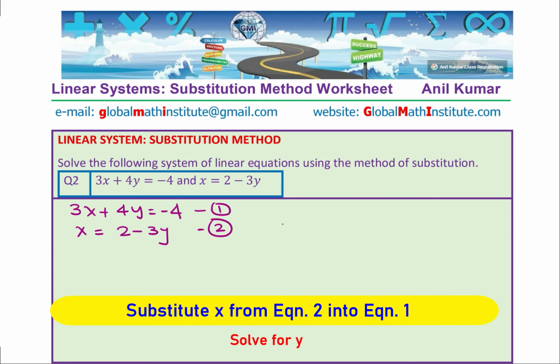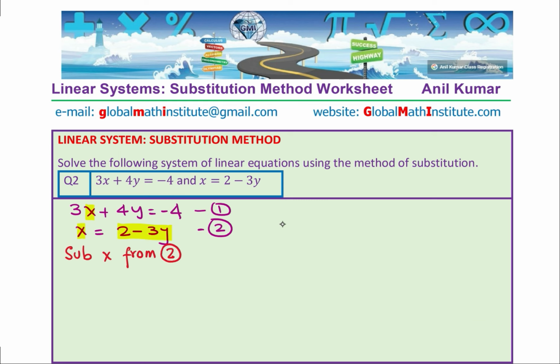This time you see that we are given the value of x, which is 2 minus 3y. We can substitute that back in equation 1. So now we will substitute x from equation 2 in equation 1.